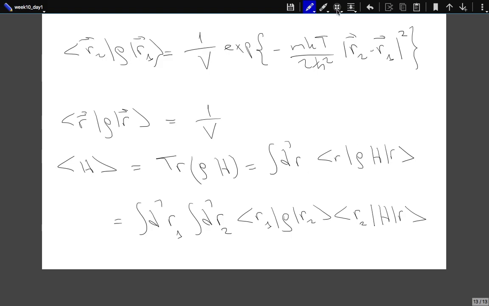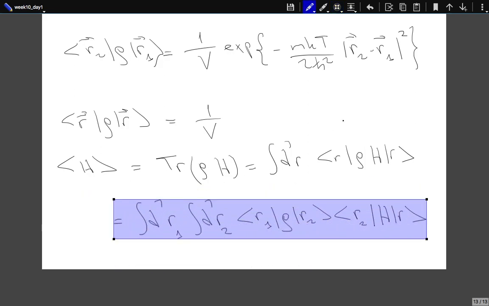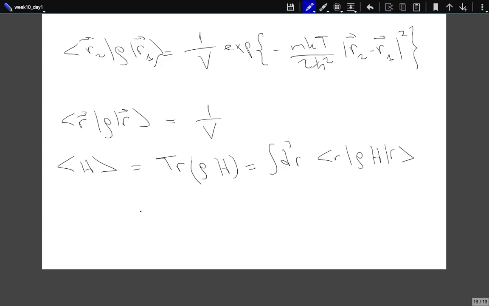Trace of H rho. In the trace I can just exchange the two operators.